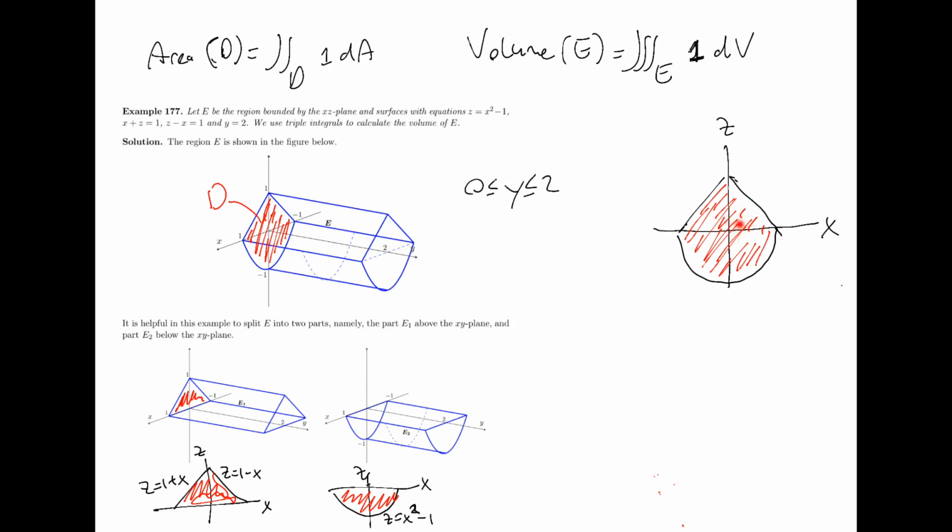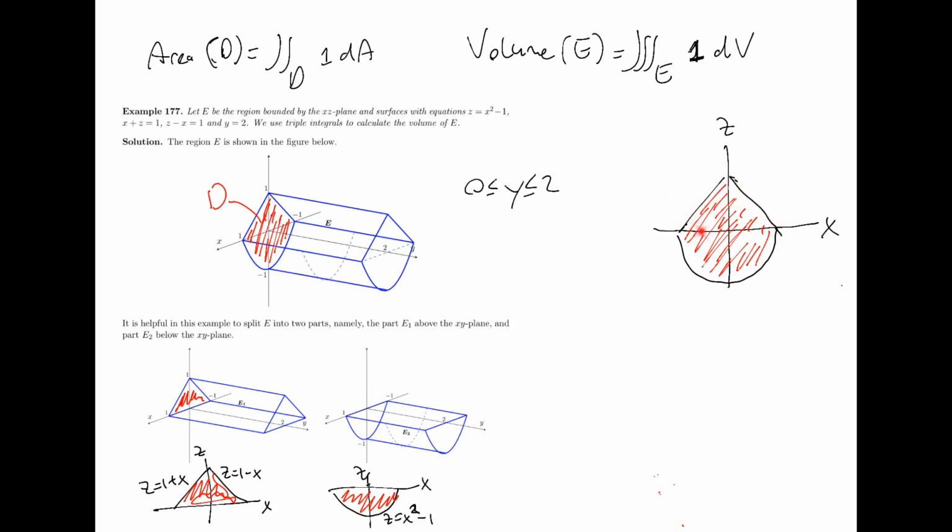But now there's a problem, because if you want to represent this region D as a type 1 or a type 2 region in the XZ plane, we run into trouble. If we do it as type 1, then we have to go from the bottom curve to the top curve. The bottom curve is a nice smooth curve, but the top curve is not a nice single curve. So we'd have to split it up again into 2 regions, which is annoying.